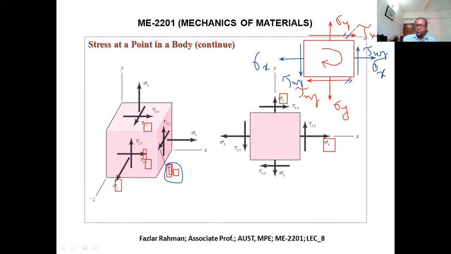They try to rotate the body clockwise. And the tau xy with the blue sign tries to rotate the body anti-clockwise. But their magnitude is the same. That means the body is in a static equilibrium position. It is not moving.